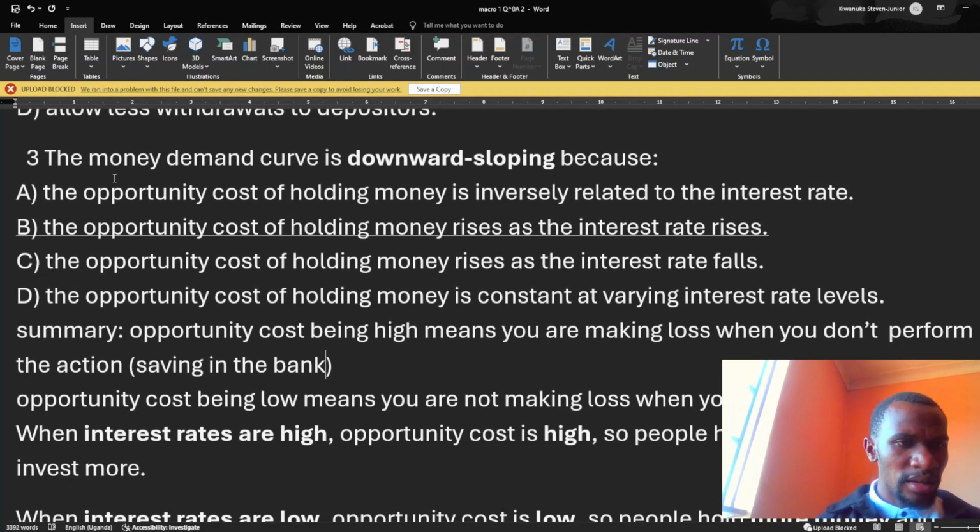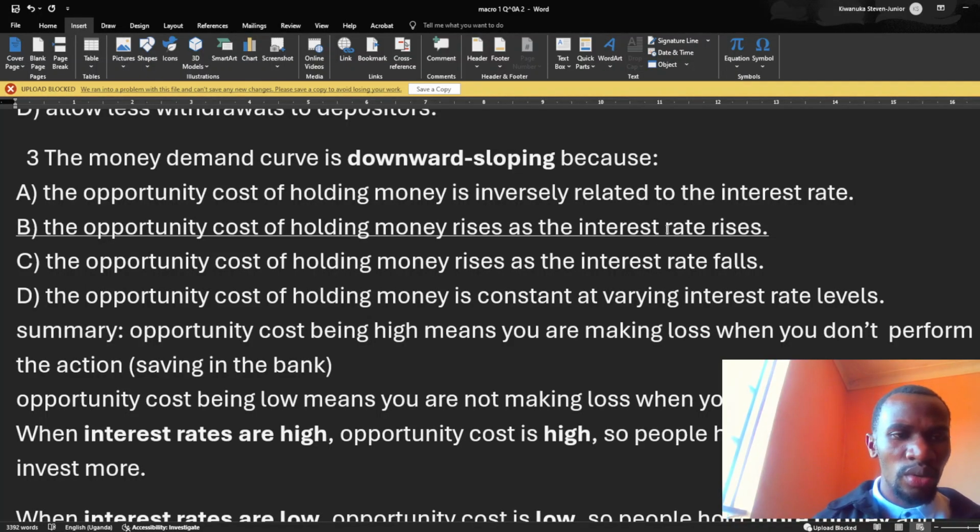The money demand curve is downward sloping because the opportunity cost of holding money rises as the interest rate rises. What does this statement mean? Opportunity cost is the alternative foregone when a choice is made. What happens when the interest rate rises? When you save your money in the bank, the interest rate is high, so you get a lot from it.